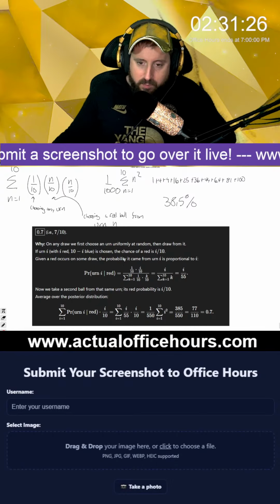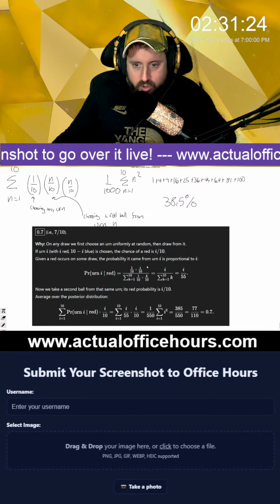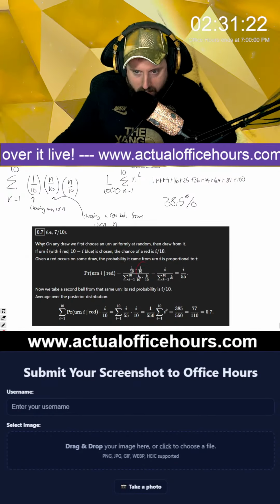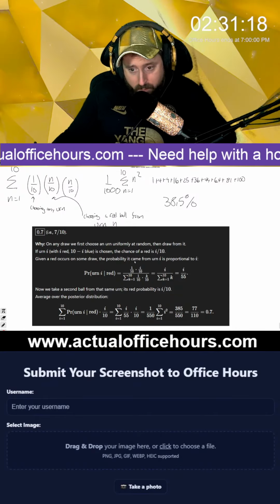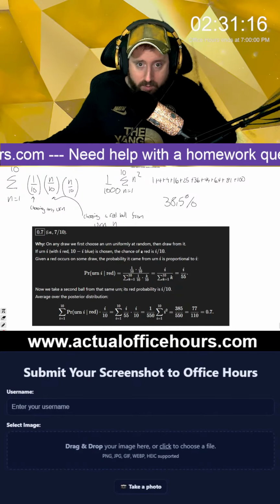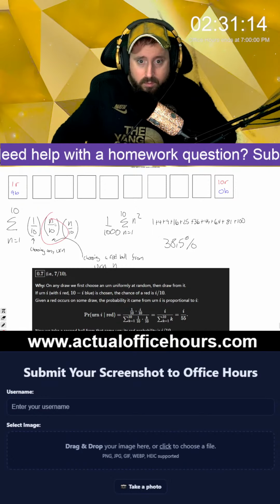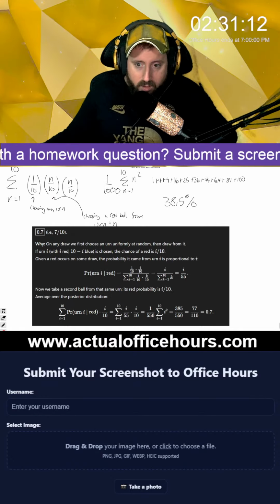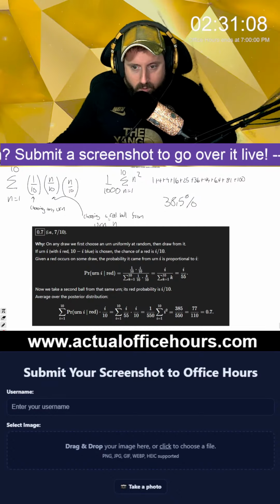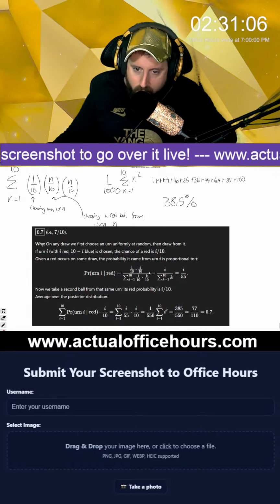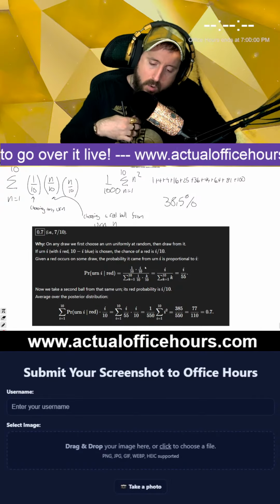That's the probability of choosing urn i times the probability of choosing a red ball from urn i, right? Which is i over 10. That's what I wrote here, right? n over 10. What's up, Shanks? Good job. And then you need to sum that over all of the different ones. So wait, why are they doing this? 1/10. Oh, okay.